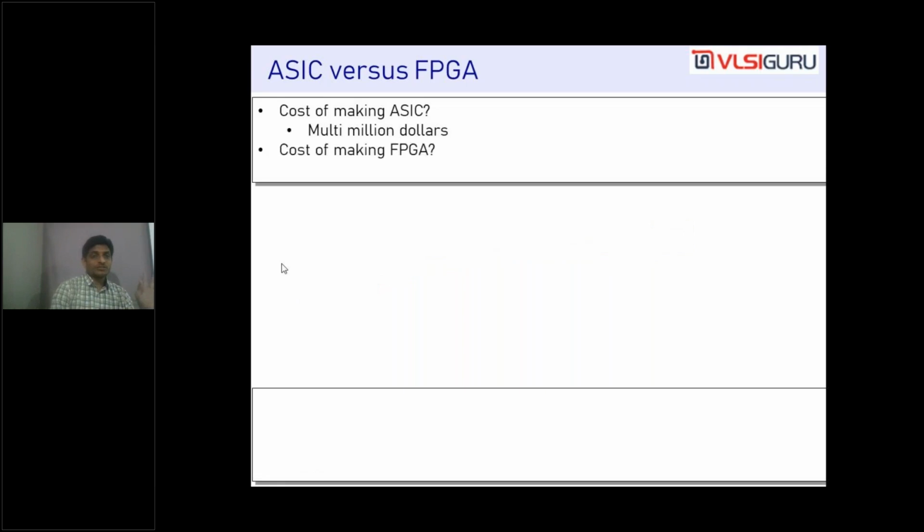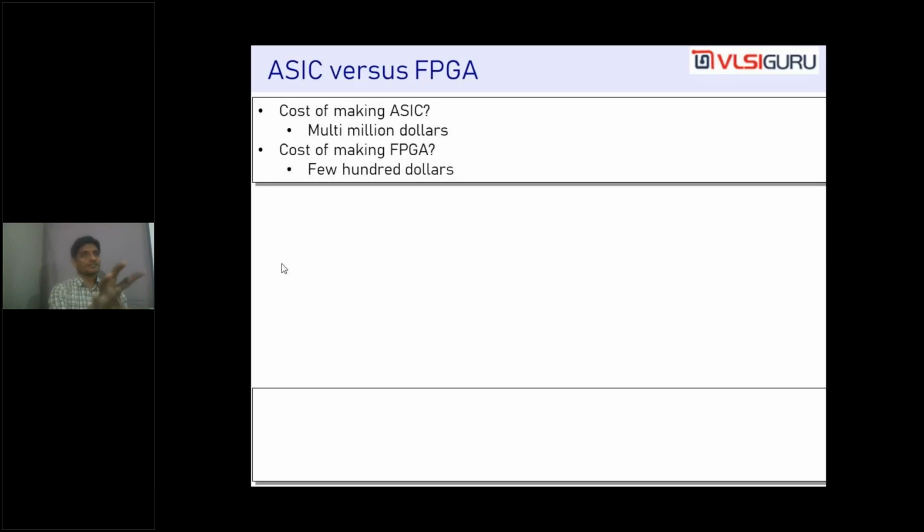Whereas, what is the cost of making an FPGA? I want you to implement one design on FPGA. What is the cost? Tell me roughly, any number, doesn't matter. Few $100s. Why are we talking in dollars?